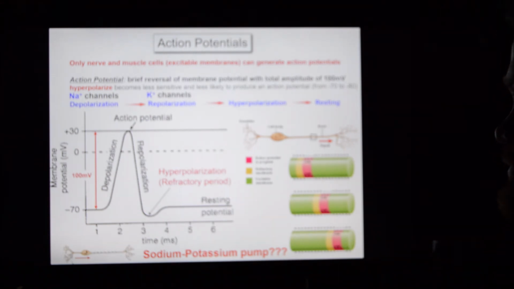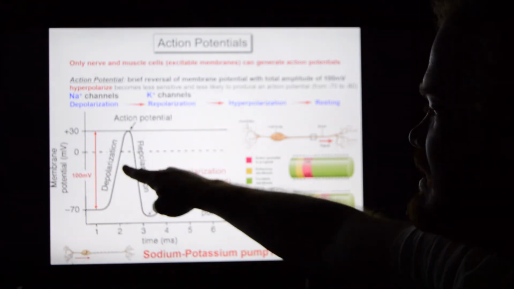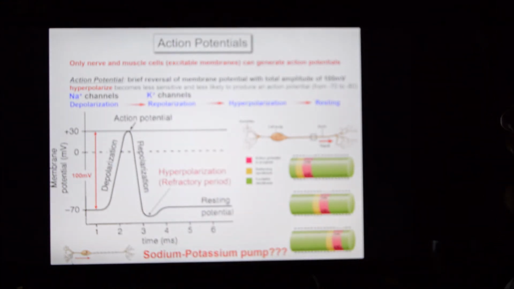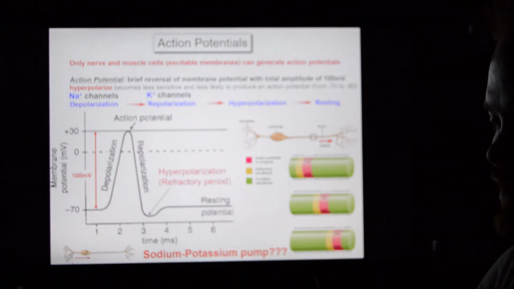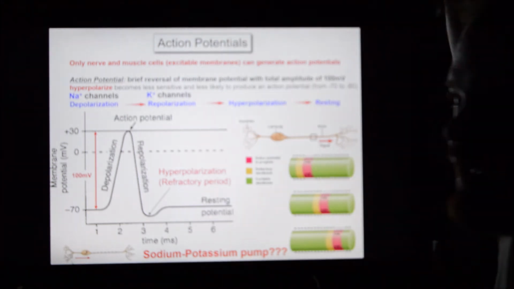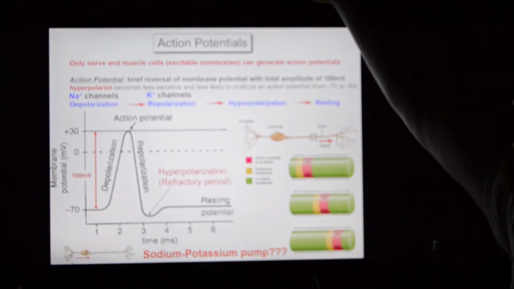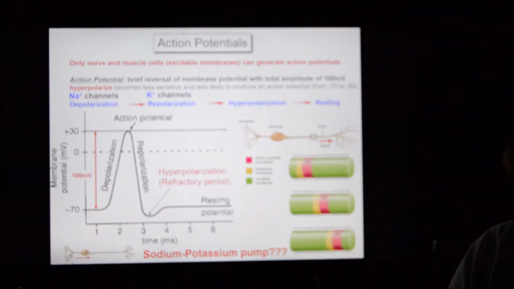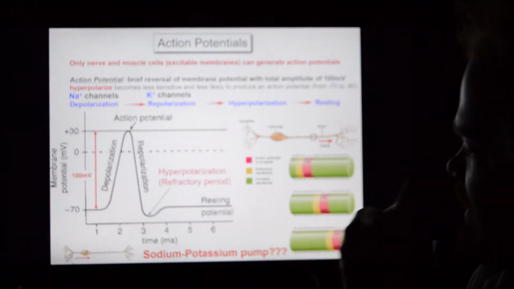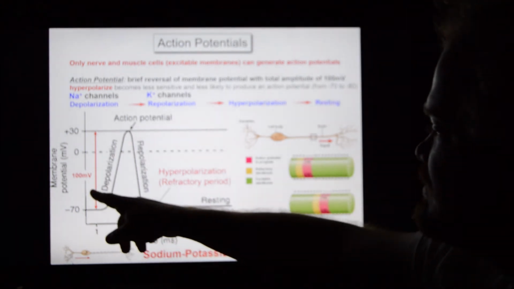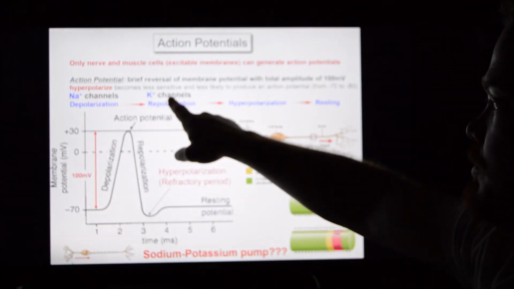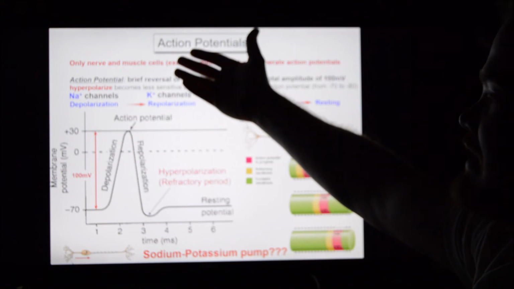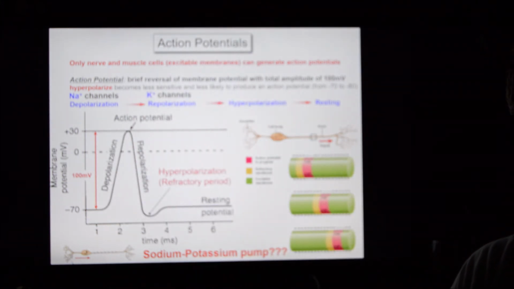So let's describe it. The wave of depolarization is going to be caused by sodium channels. Sodium channels pop open in unison, and you have this huge spike in charge because all these positively charged sodium ions come flooding into that cell, and as they come flooding into the axon at that spot, it's going to spike the charge up to the positive end of the spectrum. Now, you crack open your potassium channels, and potassium leaves the axon.